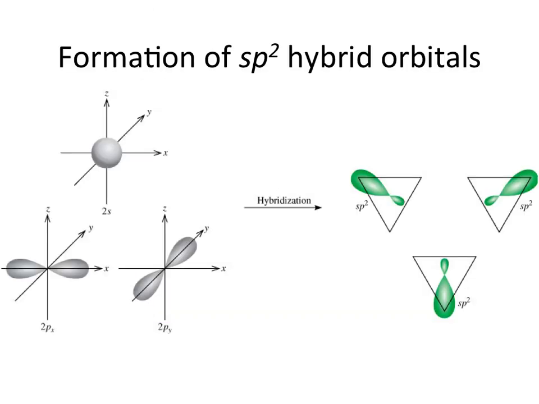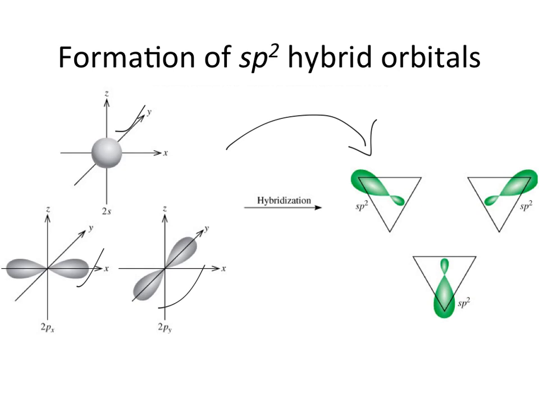So now that we understand sp3 hybridization, let's look at sp2 hybridization. In sp2 hybridized atoms, basically we're taking only 3 of the unhybridized orbitals on that central atom and mixing them to give us sp2 hybridized orbitals. When we're creating sp2 hybrid orbitals, we're taking an s orbital and 2 p orbitals.